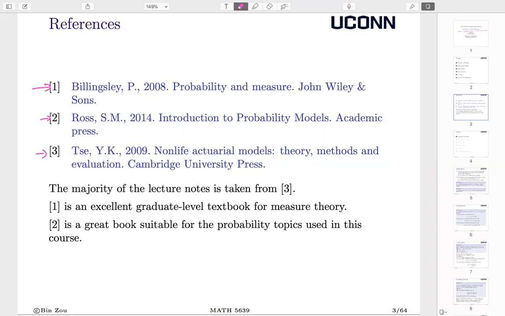As the title says, it's probability and measure. So book 1 teaches you probability from a measure-theoretic understanding. It's the theoretical side of probability, which sometimes people call measure theory. It's a very difficult book, and you will need to spend a lot of time on it.